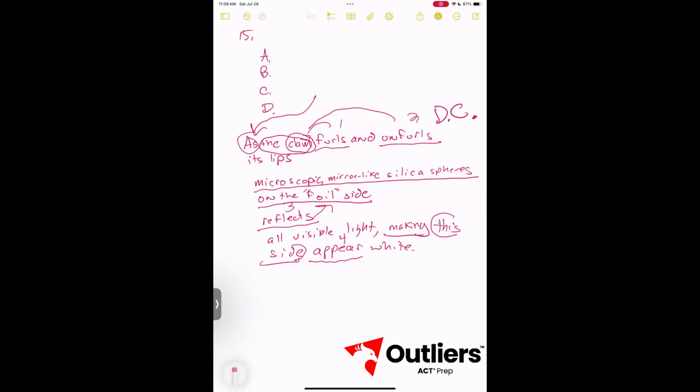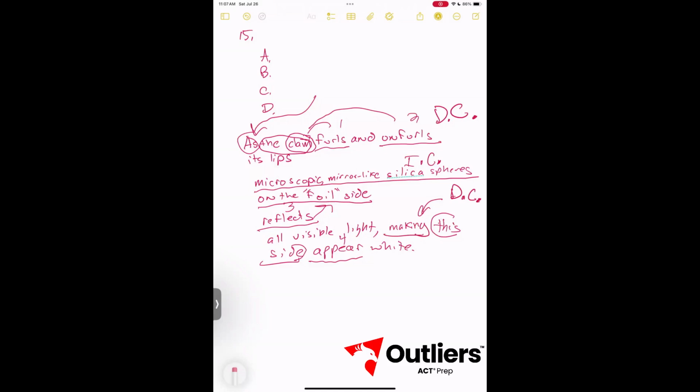The second part does not start with a dependent clause marker. It starts with microscopic mirror-like silica, so this is going to be an independent clause. And the third one starts with a participle, which is a dependent clause marker, making that last part a dependent clause. So we got 3 clauses here in this one sentence, a pretty complex sentence.